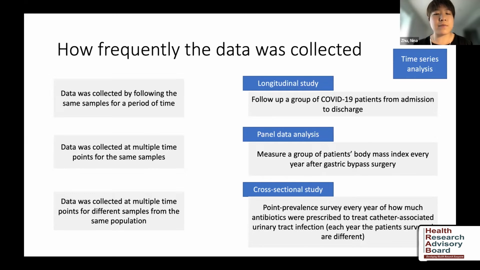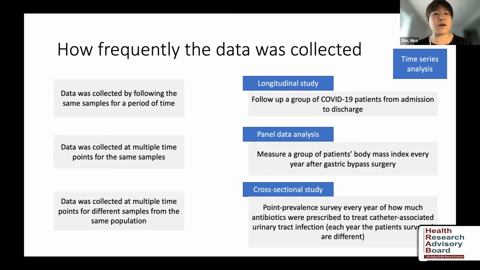So each year, I will see in this hospital how much antibiotics has been prescribed to treat this infection. But every year, when I do this cross-sectional study, it's a different patient I'm assessing. It's the same setting, but a different patient every year.